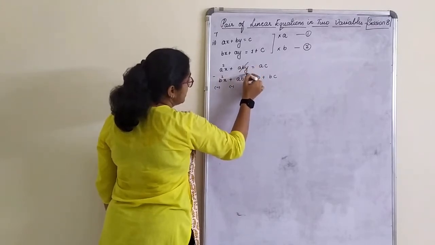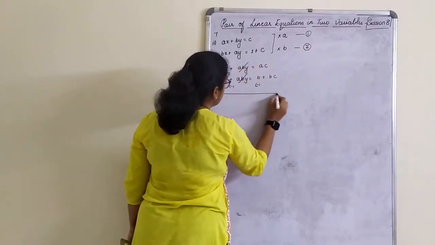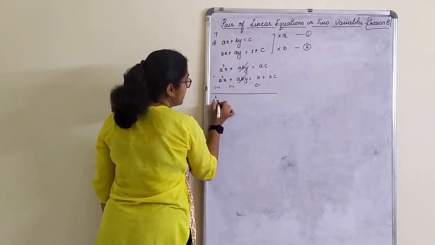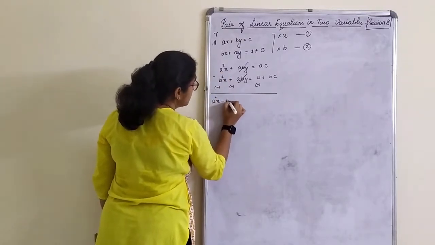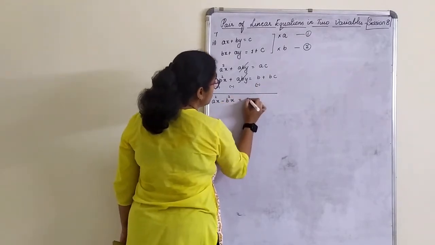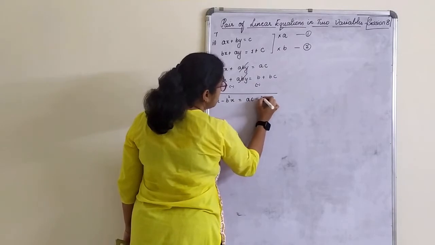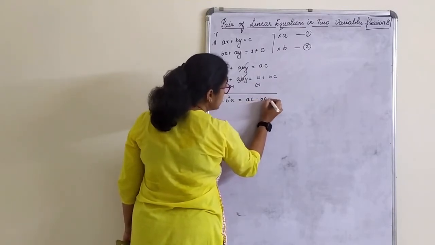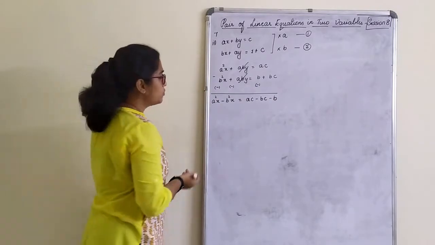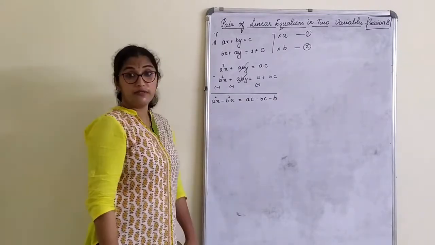So plus aby minus aby will get cancelled. What will remain here? a square x minus b square x is equal to ac minus bc minus b. I just wrote bc first and then there is no difference. Okay, this is our term.